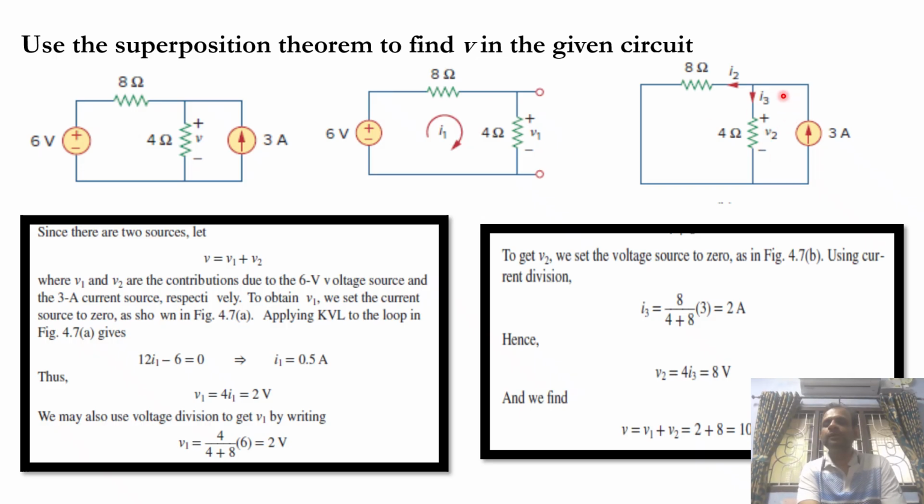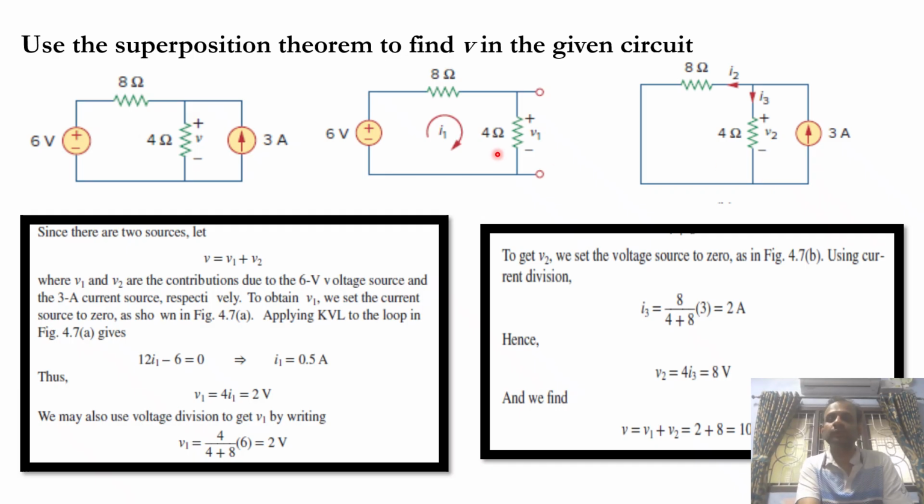So when 2 ampere flows here, 4 ohm into 2 is 8 volt. So we have 8 volt here and we have 2 volt here. So what is the total voltage? 10 volts. It is adding. Look at the polarity. Direction of current is down. Direction of current is down. Both side same direction current.